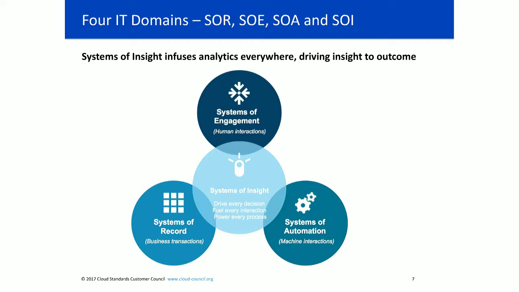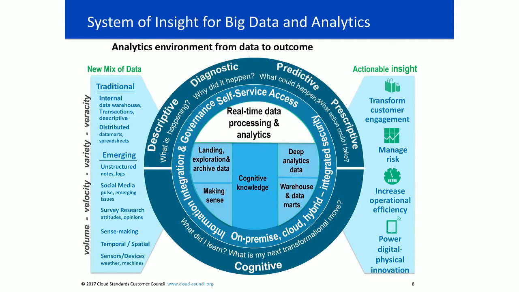It really combines all the data from different systems and generates insight. Many people think the system of insight is the next generation of business intelligence and will power the digital business. So the system of insight is the focus of our talk today.